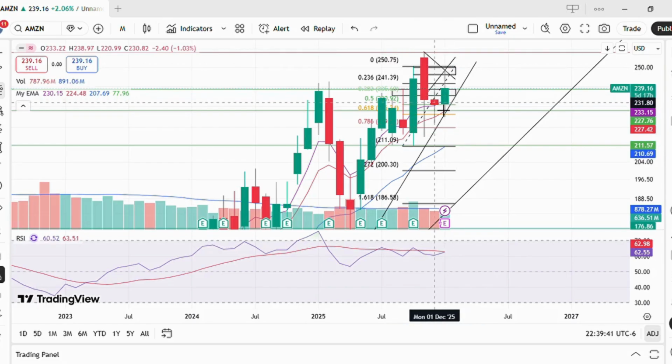And even the December month candle also did not close below, it just closed right at that level.